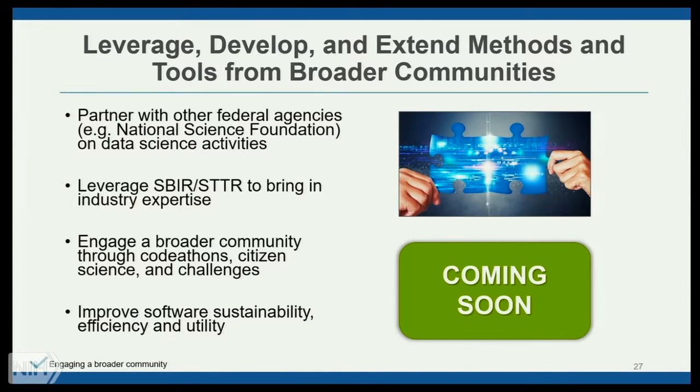We'll be engaging a broader community of people who may not necessarily be PhD scientists to think about codeathons, citizen science, and grand challenge or challenge problems. And we'll be improving our software sustainability, utility, and efficiency. So all of these activities are starting this summer and should be in completion by November, December.